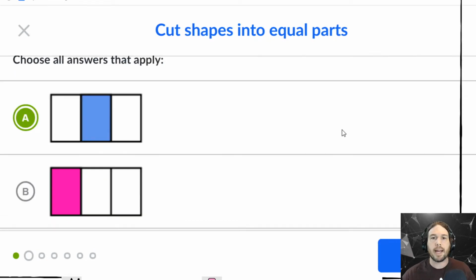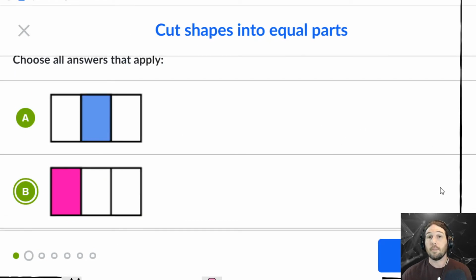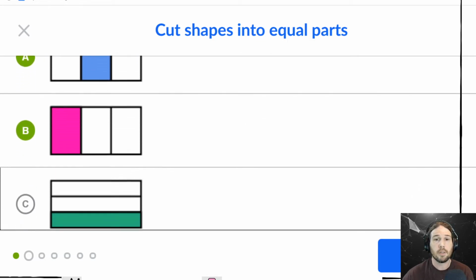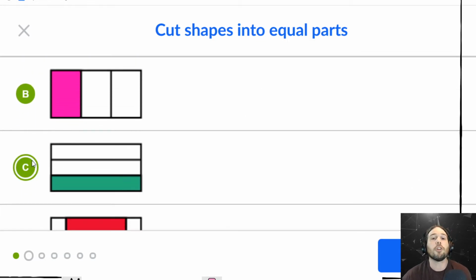Keep this in mind as we continue. B is also 1/3. It's a different third, but it's still 1/3. C is also 1/3. Do you see how it is still split into 3 equal pieces, and one of those equal pieces is still shaded. It is still 1/3, even though it's split up in a different way.